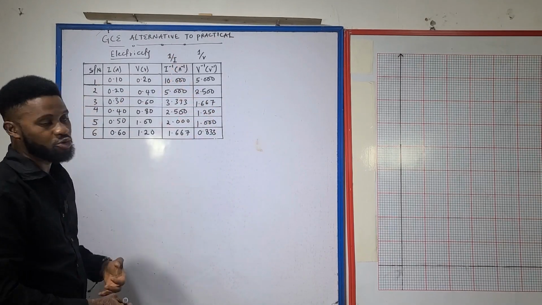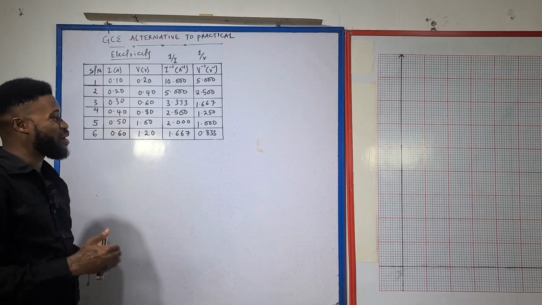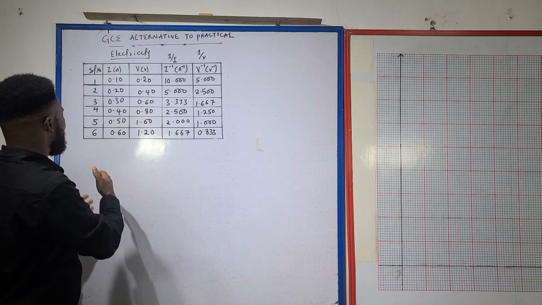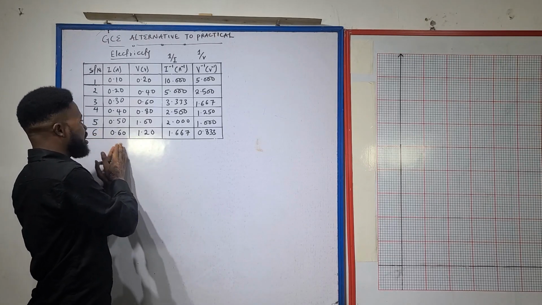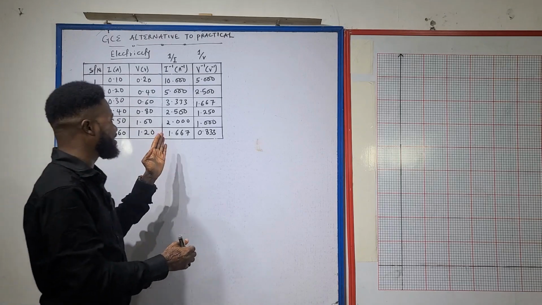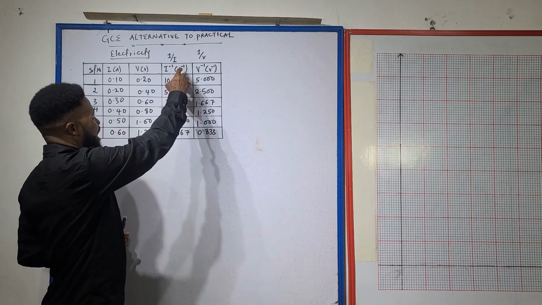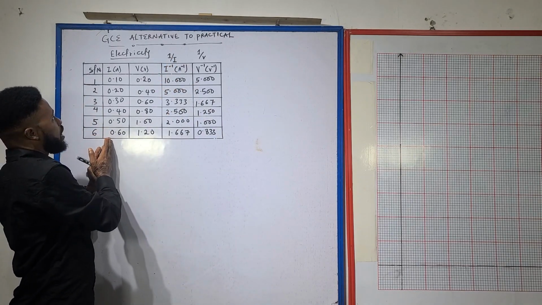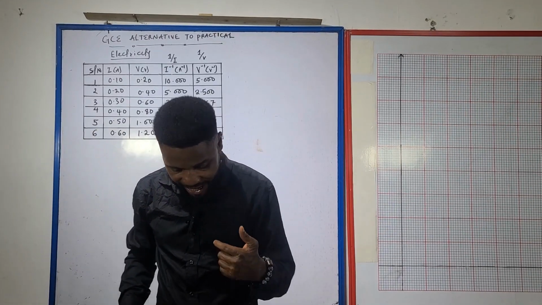That's why I'm putting this to 3 decimal places. 1 divided by 0.40, I am getting 2.5. 1 divided by 0.5, I am getting 2. And 1 divided by 0.6, I am getting 1.667 approximated per ampere. That's for expressing the inverse of my current, because that's the instruction we were told in question Roman figure 2.